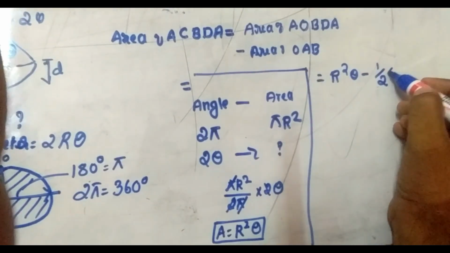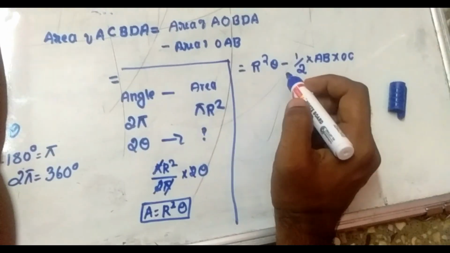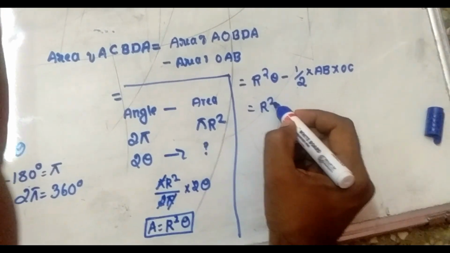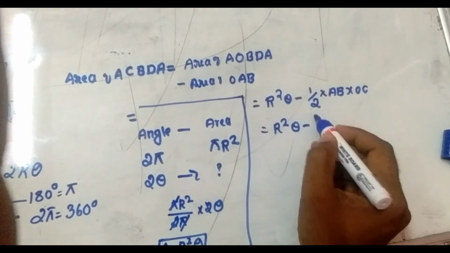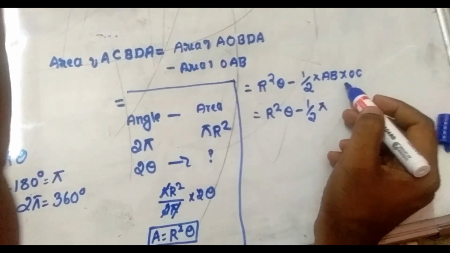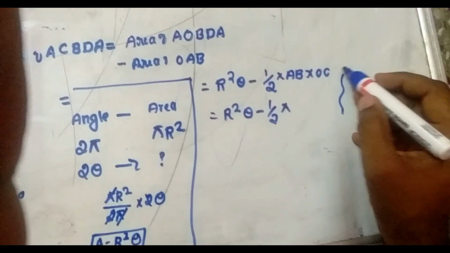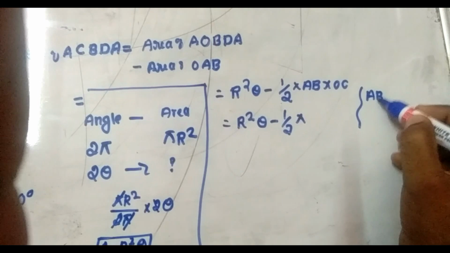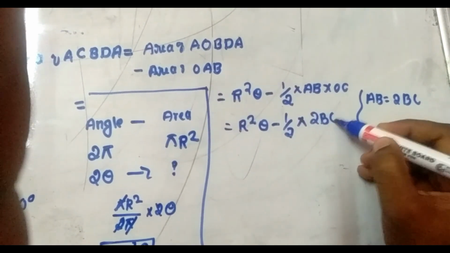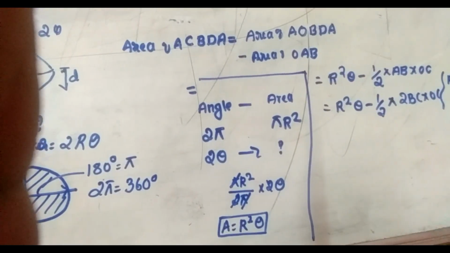So I can write r²θ minus half into AB into OC, right? AB is equal to 2BC, so 2BC into OC.